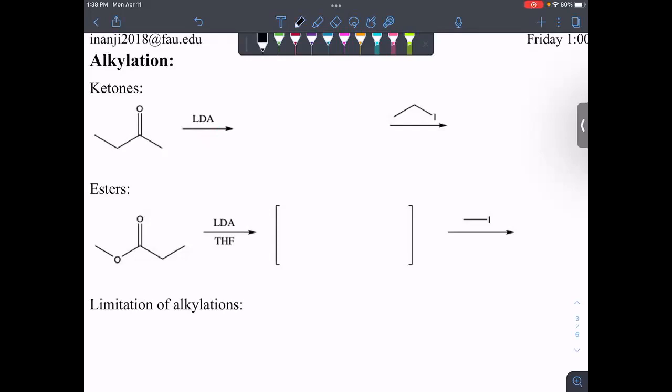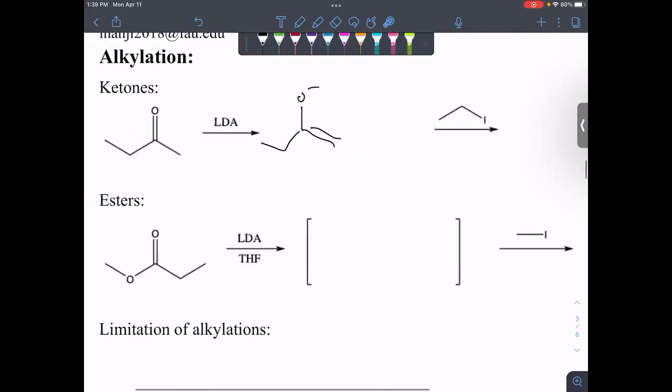Once you have your enolate, it is nucleophilic at the alpha carbon, so we can take the alpha carbon and attack the electrophilic alkyl halide. And she's right, LDA is a bulky base, so we're going to form the kinetic enolate. This side is less hindered, so most of the enolate is going to be this form with the alkene on the less hindered side.